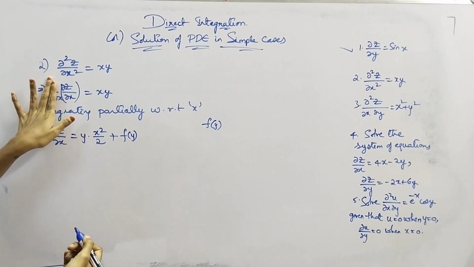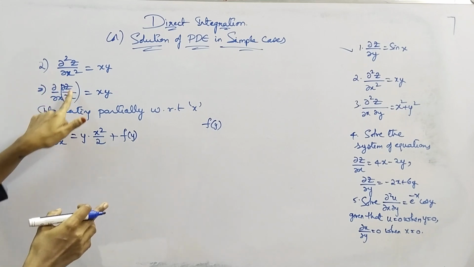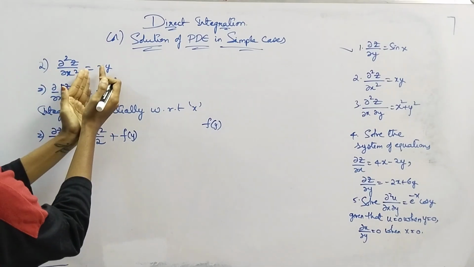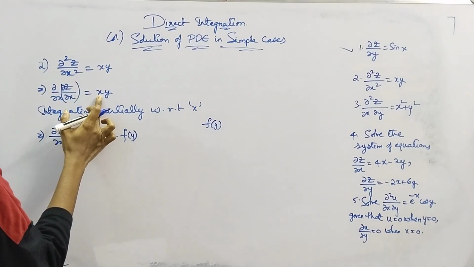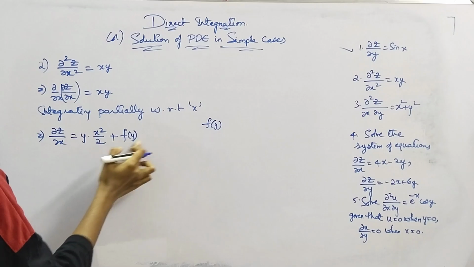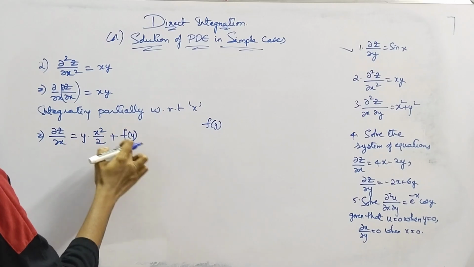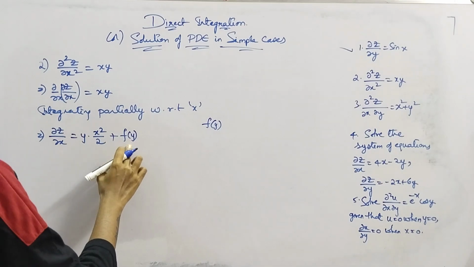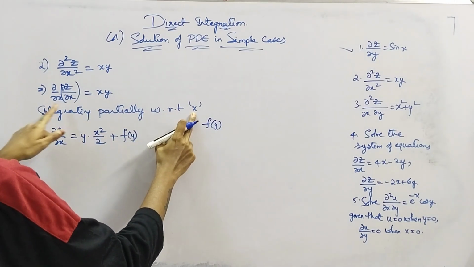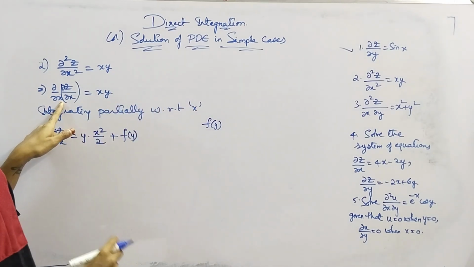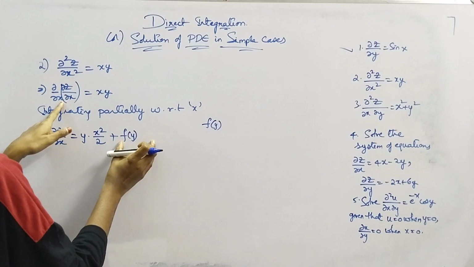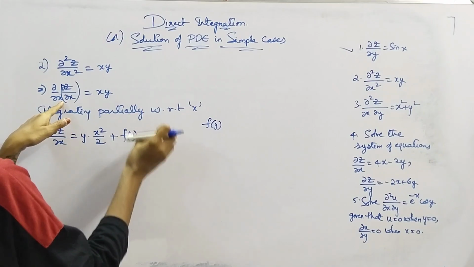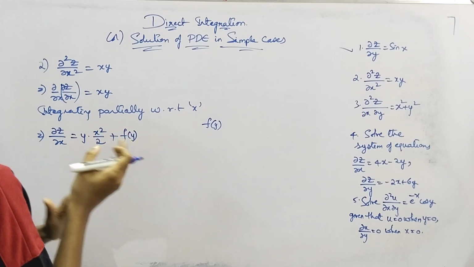You'll get ∂z/∂x equal to the constant y into, here we have x, we need to find the integration of x, plus we need to write a constant of integration, which is f of y. Why did we get f of y? Because we are partially integrating with respect to x. So y is treated as constant, and we'll have a constant which is in terms of a function of that variable, which is treated as constant.